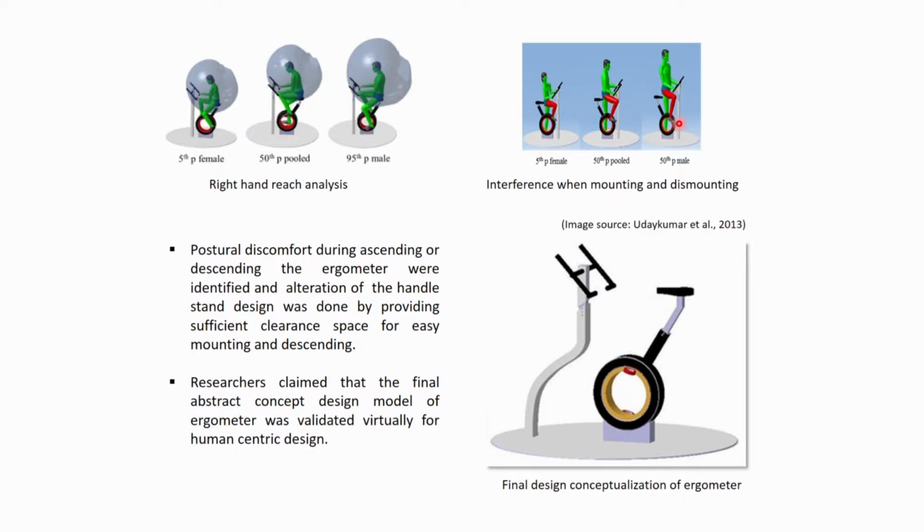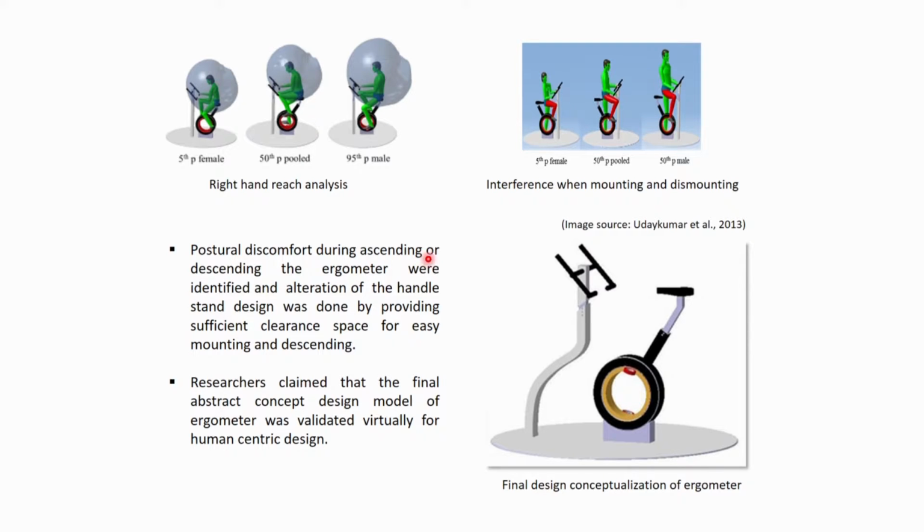For that reason there is a chance of interference, and at the same time the person doing the exercise has to lift their leg and move it from one side to another during the ascending or descending process, and this is highlighted with red color. While they are lifting their leg to move it from one side to the other, for either ascending or descending, that leg is highlighted with red color, which means there is discomfort.